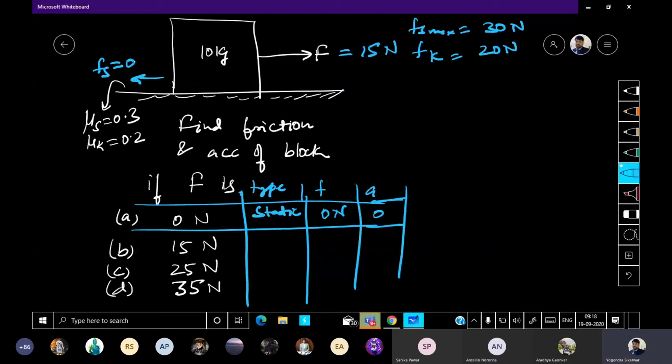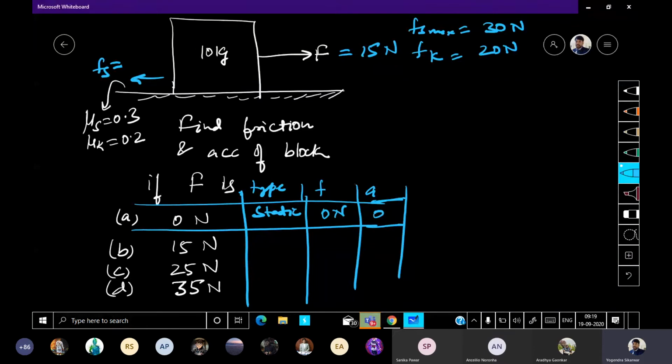So the block will have a tendency to move in the right direction, but there is friction available and Fs max can act up to 30 Newton. So the moment you make F equal to 15 Newton, a message is sent, sir, the block is moving. Fs max asks how much is the force applied. It will say, sir, 15 Newton.